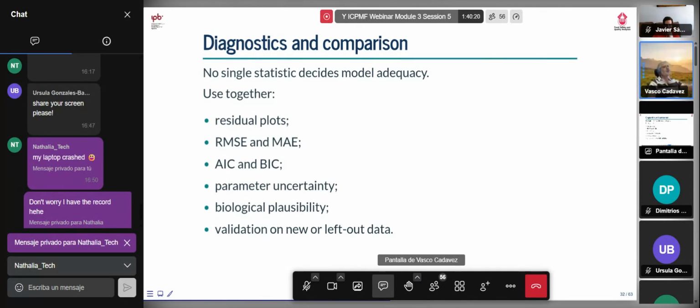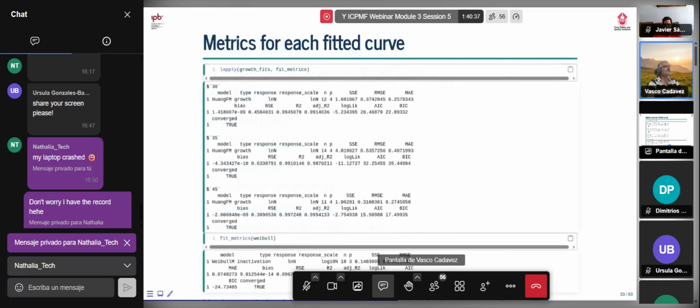Okay, so if you want to diagnose and compare models, you need to go to these residual plots, root mean square error, AIC, BIC, parameter uncertainty, biological plausibility. So you need to do all these steps. So if you want to compare different curves, in this case I'm using the example from the GROW model.